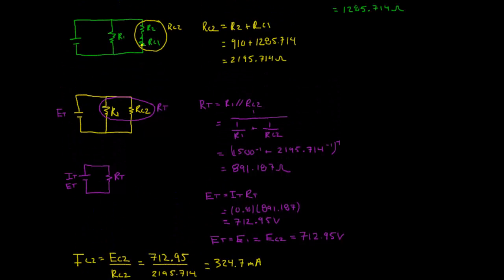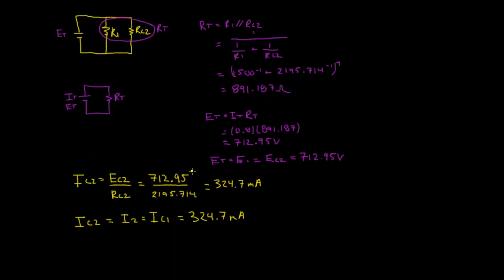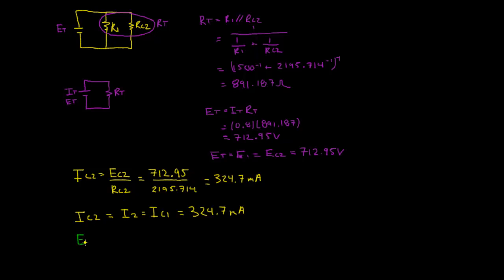So if we know the current through these two resistors, and we know the resistances R2 and RC1, we can calculate the voltage drop here and here. So let's calculate the voltage drop across RC1. EC1 is equal to IC1 times RC1, just using Ohm's law. So this equals 0.3247, or 324.7 milliamps, times RC1, which we calculated as 1285.714 ohms.